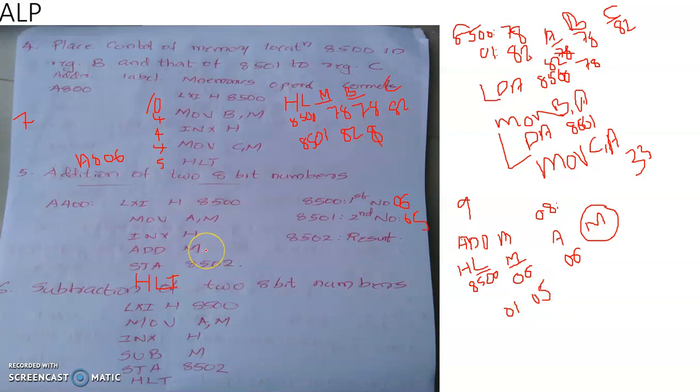Next instruction, ADD M. Add the content of the memory pointed by HL pair with the content of the accumulator. So 06 and 05 are added. 06, 7, 8, 9, A, B. So the result produced will be 0B. So the accumulator will have this value 0B.